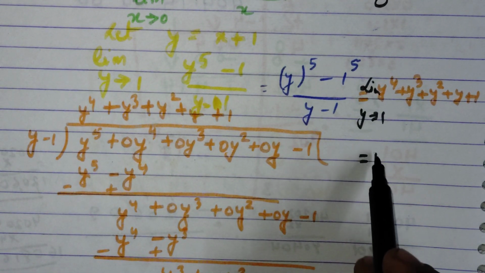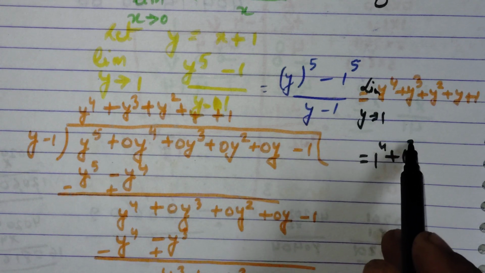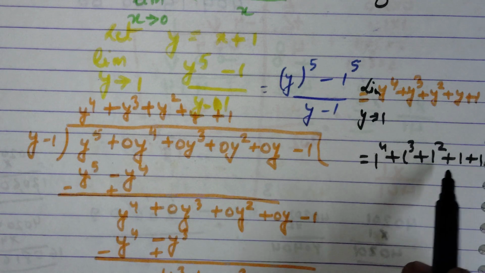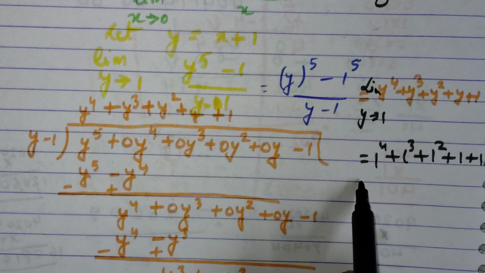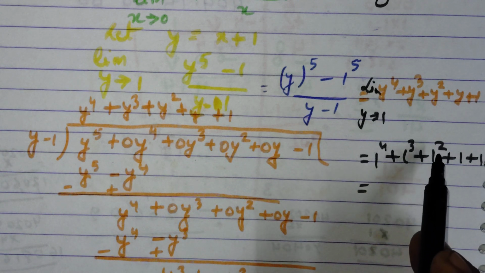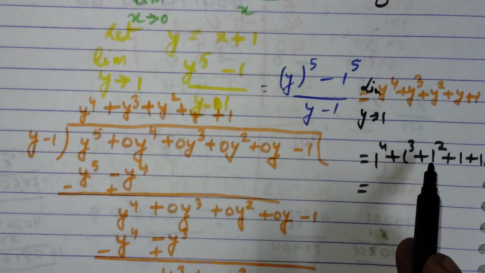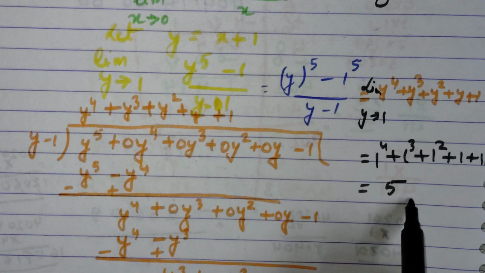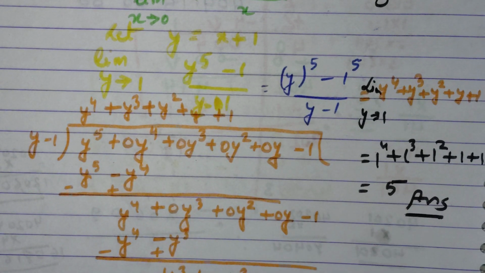I get 1 power 4 plus 1 power 3 plus 1 power 2 plus 1 plus 1. 1 power 4 is 1, 1 power 3 is 1, 1 square is 1. So 1 plus 1 plus 1 plus 1 plus 1 is 5. So the answer of this limit question is 5.